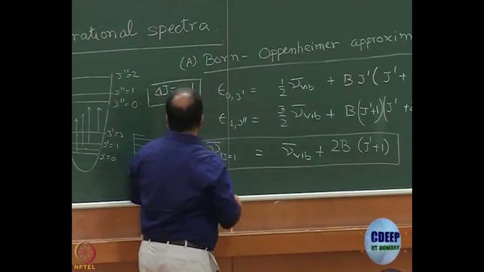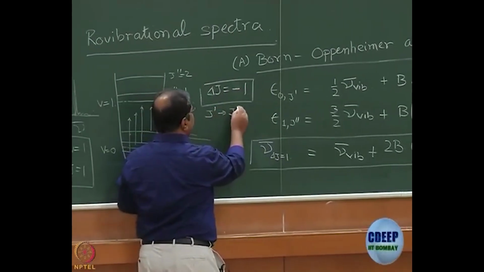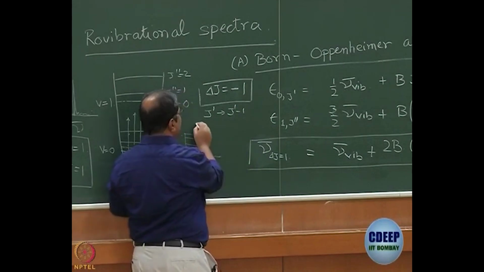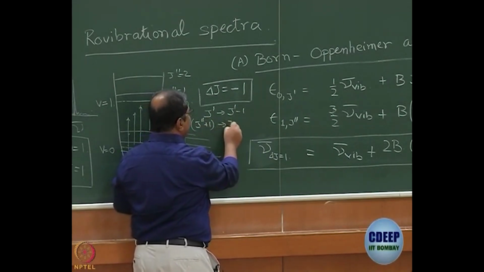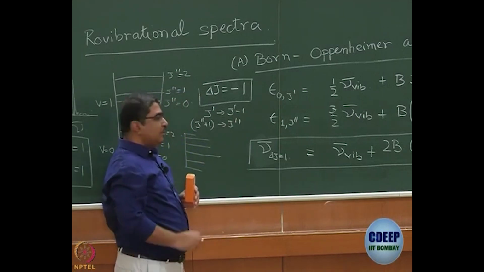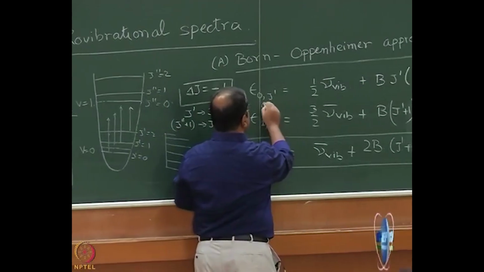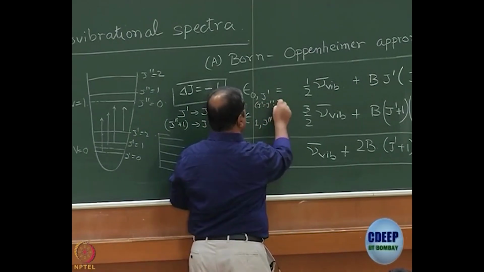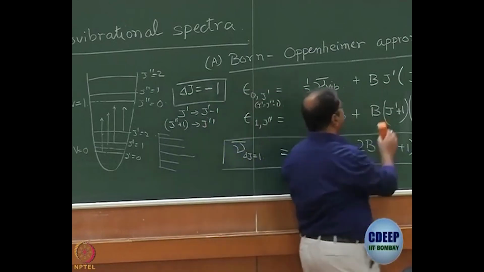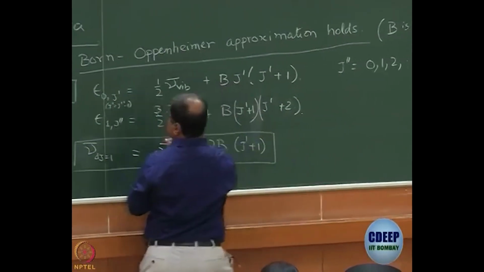So, we are talking about this J dash to J dash minus 1, or in other words J double dash plus 1 to J double dash kind of transition, isn't it? Okay. So, I am going to write this in terms of this J dash is now J double dash plus 1.